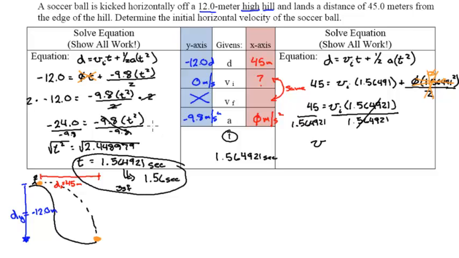Giving me a velocity initial equals 28.755444516 meters per second.